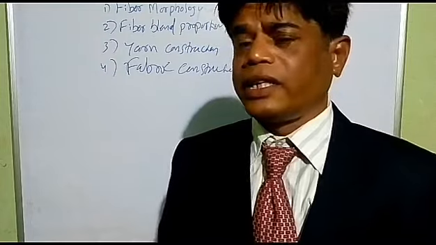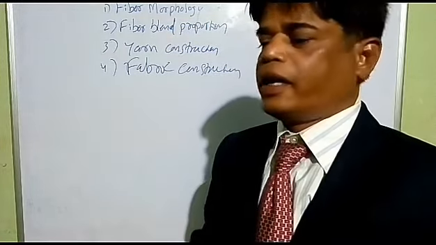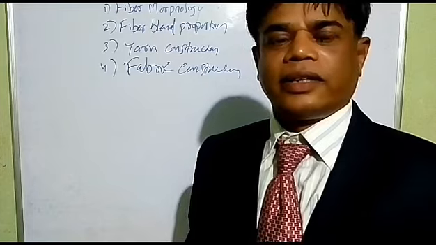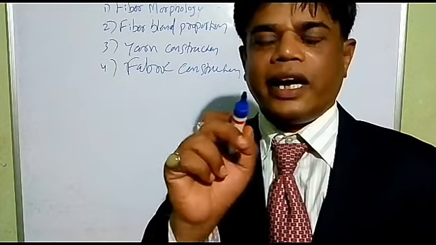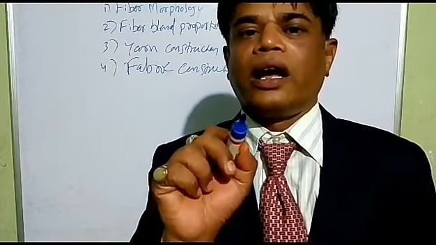What is breathability of the fabric? How is it created? Anybody can see, fabric is an interlacement of warp and weft. There are interstices, small air holes, between yarn to yarn, between the warp and the weft yarns. There are spaces here and here.